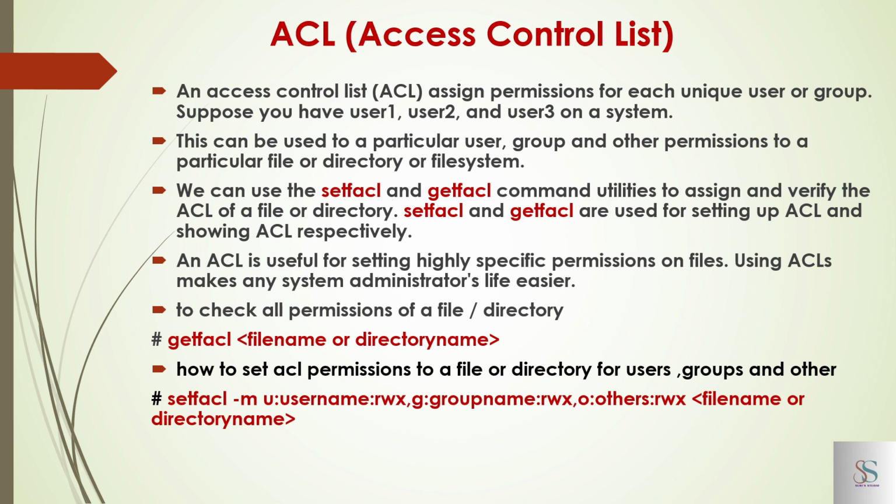For setfacl -m, u means user, and we need to give the username here, then what permissions we need. Then the group name, and which permissions that group needs. Then others, meaning other than the group, such as other file systems, then the file name or directory.